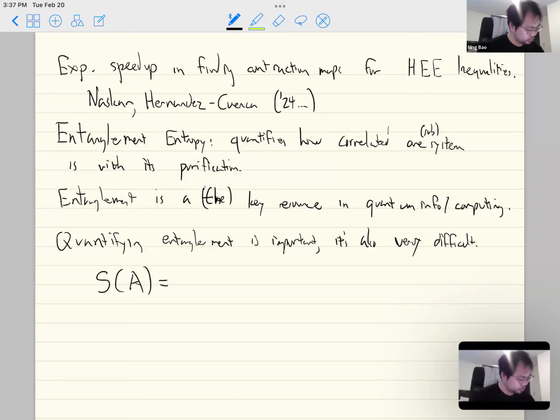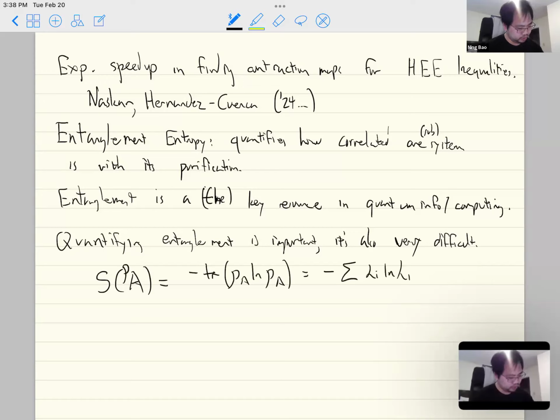The entanglement entropy of some density matrix rho A is equal to the negative trace of rho A log rho A, or if you like, the negative sum of lambda i log lambda i, where the lambda i's are the eigenvalues of rho A.